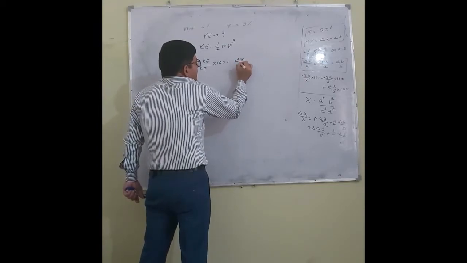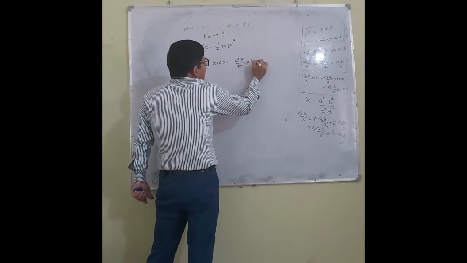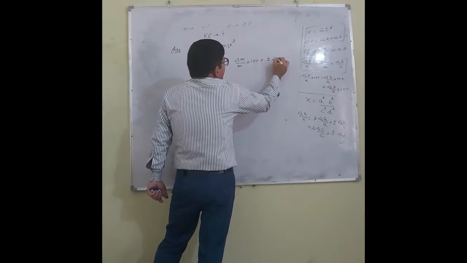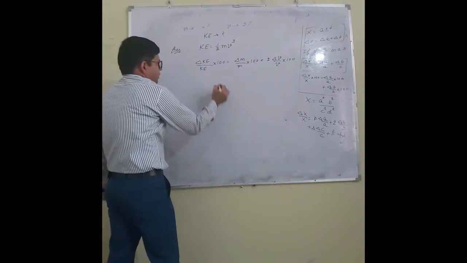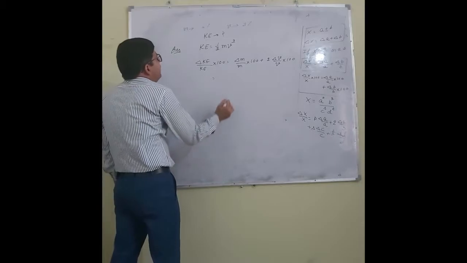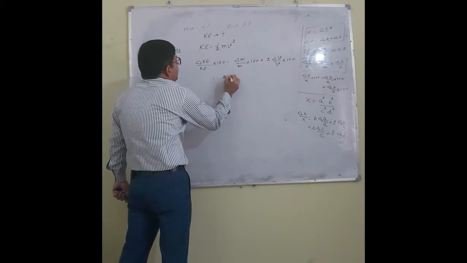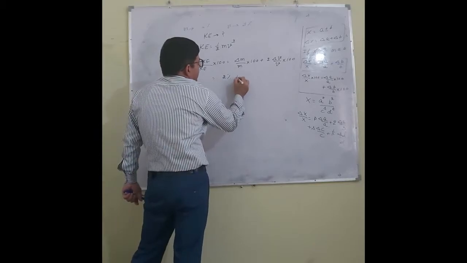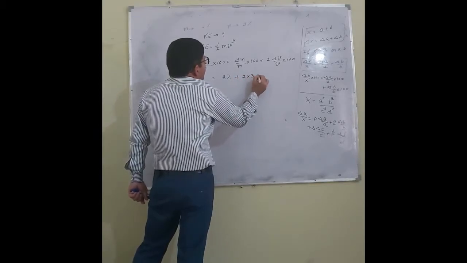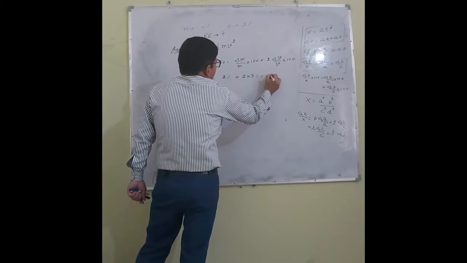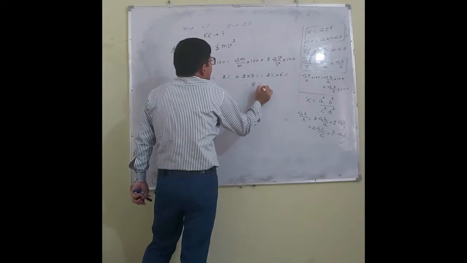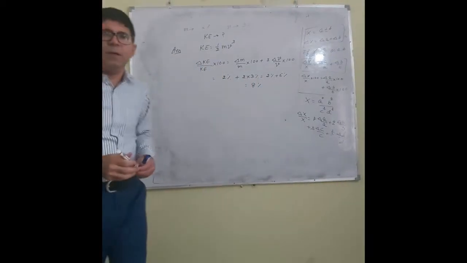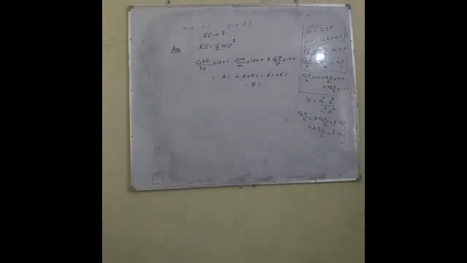What is the percentage error in mass? Multiplied with 100, and this is 2 times the relative error in velocity multiplied with 100. So here the percentage error in mass is 2% and the percentage error in velocity is 3%. 2% plus 6% equals 8%. So I can say the percentage error in measurement of kinetic energy is 8%.